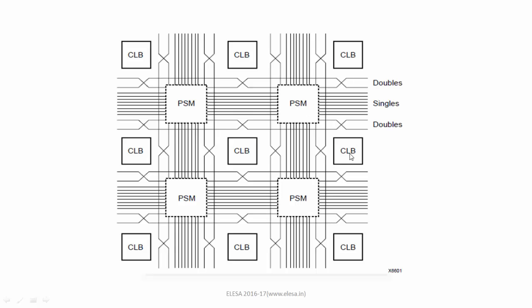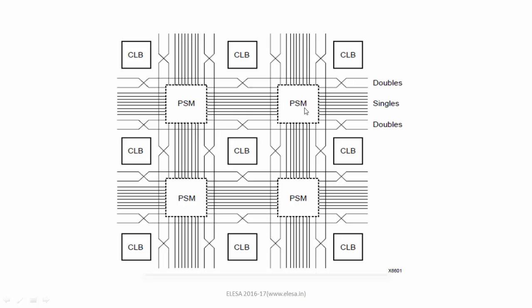That is, if I want to move from one CLB to another using single, then the CLB will provide its output to its single wire. This single wire will go into the PSM, will get routed and will go into this CLB. So every time a single wants to run from one CLB to any other, it has to pass through this switch matrix, which adds the delay.